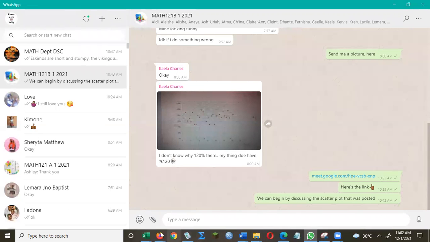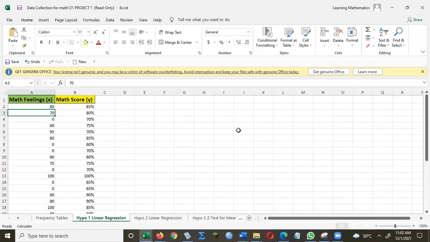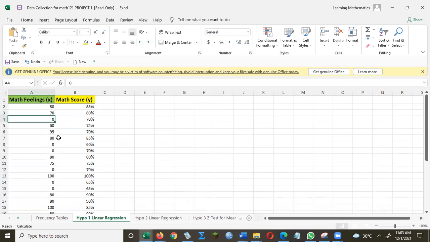Now, another student was asking about the regression line itself. So I'm going to use that to construct the scatter plot again, hopefully to clarify her doubt. This information was contributed by a student, and interestingly, this is real data. Some students said they have 0 positive math feelings.